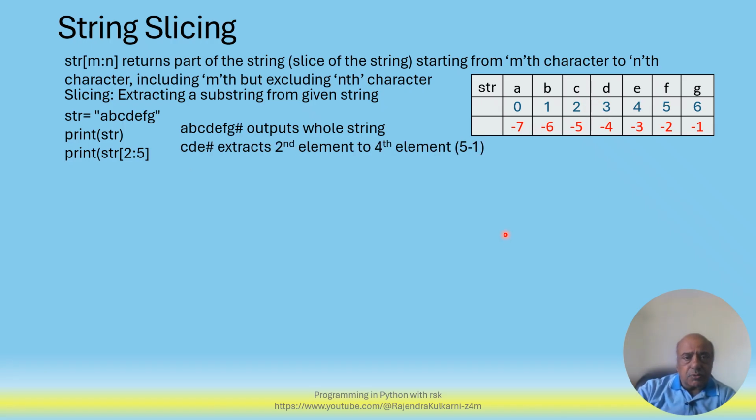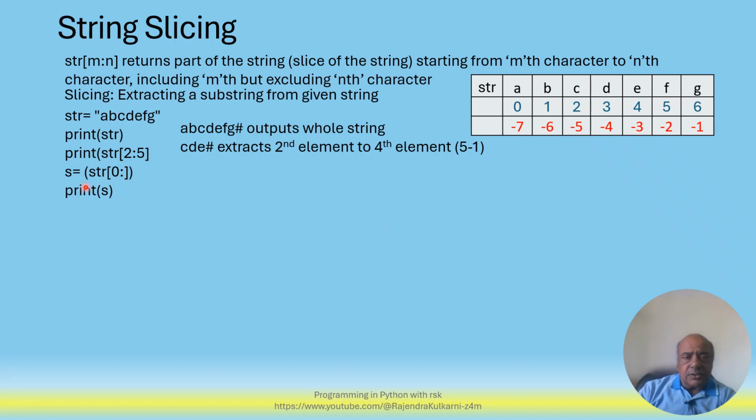When I ran this program, I got CDE as the extracted slice. It extracts from the second element to the fourth element. So the element number mentioned here, minus 1, is the last index that will be output.